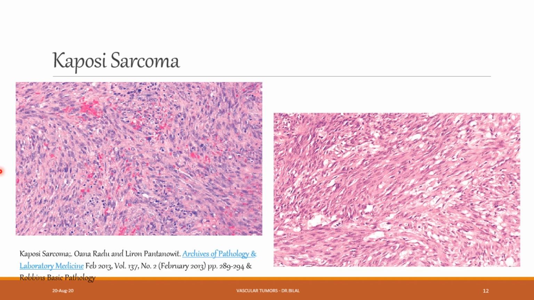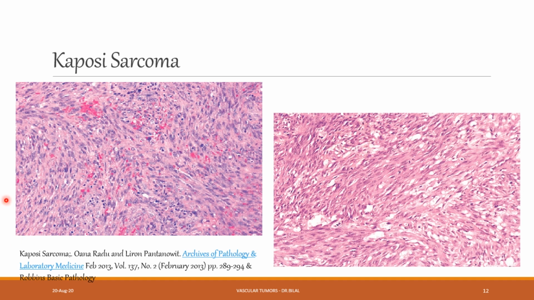If somebody mentions that the patient is positive for HIV, and then there is a spindle cell proliferation, this is the spindle cell proliferation. There are two different pictures, but both show spindle cell proliferation, and the scenario tells you that there are slit-like areas in between. You can see some of these slit-like areas like this one here, this one here.